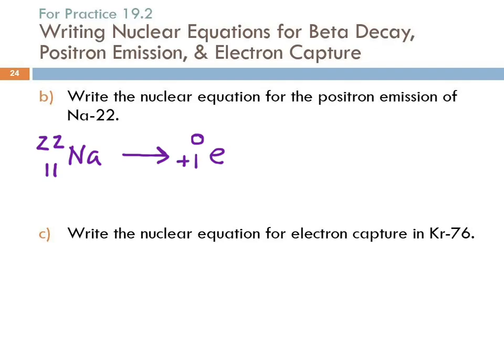Same mass, opposite charge. So it's still 22, but now the atomic number has gone down, and so that is neon. Neon? Right? Yeah, I'm sure. There's a big blue number 10 above neon.